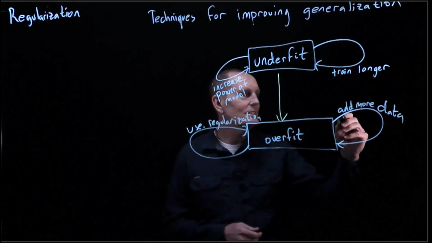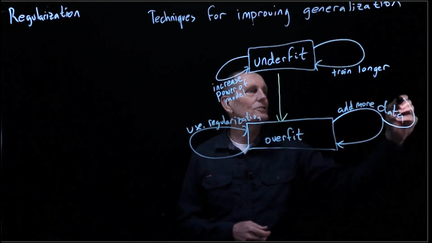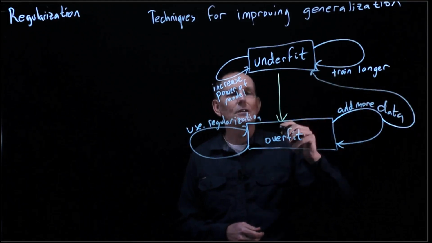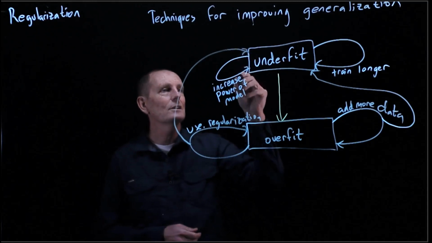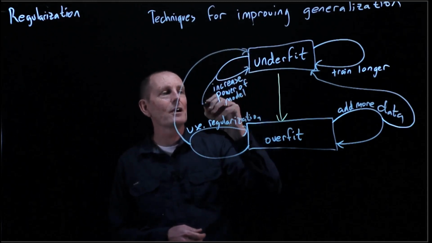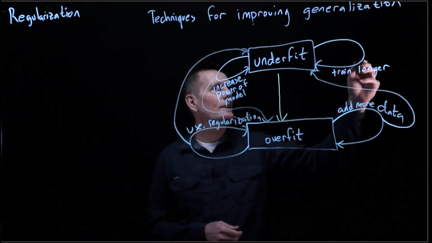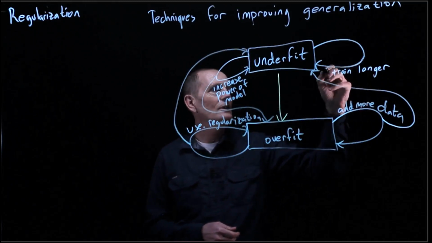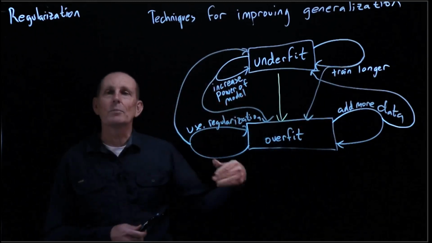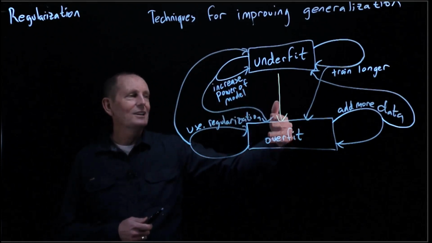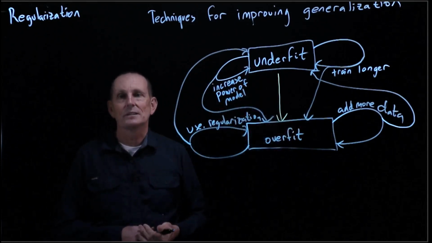So maybe really what it is, you add more data also may lead you to become underfit. And using regularization techniques also may lead you to be underfit. And similarly, increasing the power of the model may take you here, and training longer may take you here as well. So it may be enough to train one more epoch to all of a sudden become overfit, or it may not.